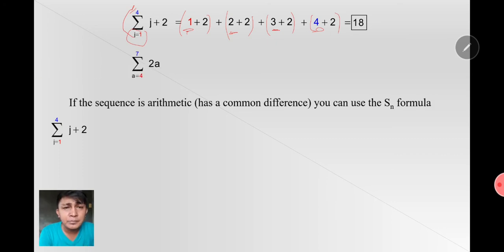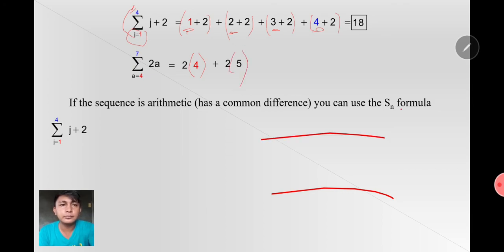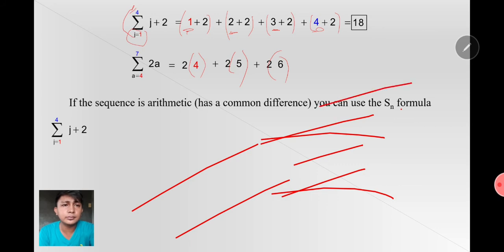Another example, find the sum of 2a, where a is equal to 4 up to 7. So, simple lang. We have 2 times 4 plus 2 times 5. Plus 2 times 6. Plus 2 times 7. Okay, so kunin lang yan.